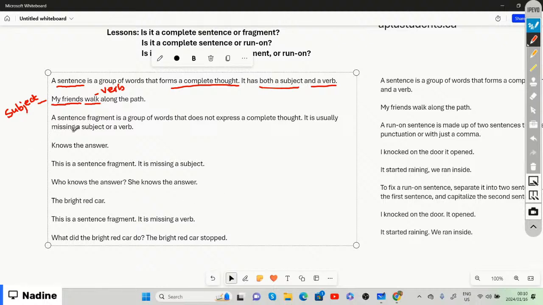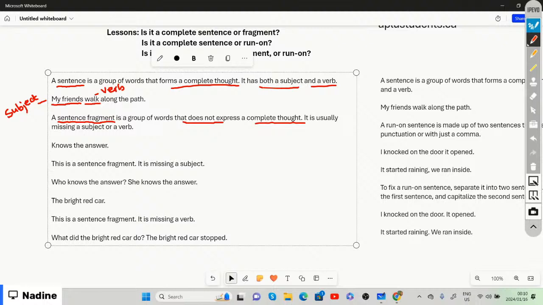And then a sentence fragment is a group of words that does not express a complete thought. So remember, a sentence is a group of words that expresses a complete thought, but a sentence fragment does not express a complete thought.